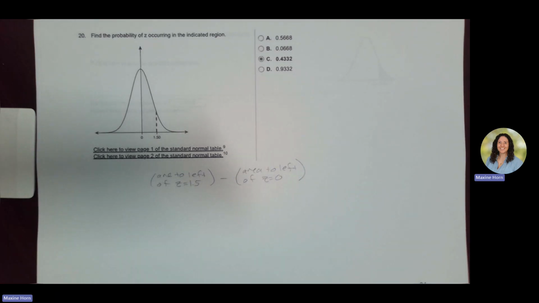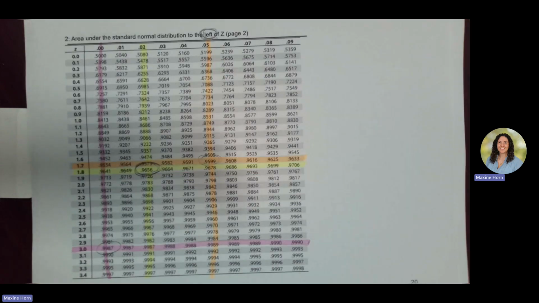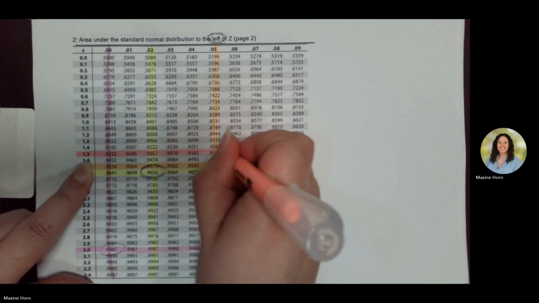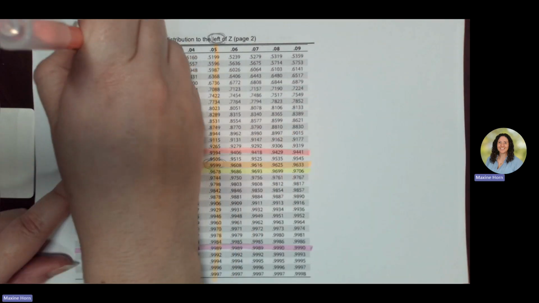All right, Z-score of 1.5. I'm running out of highlighter colors. 1.5. It's going to be positive 1.5, 0.